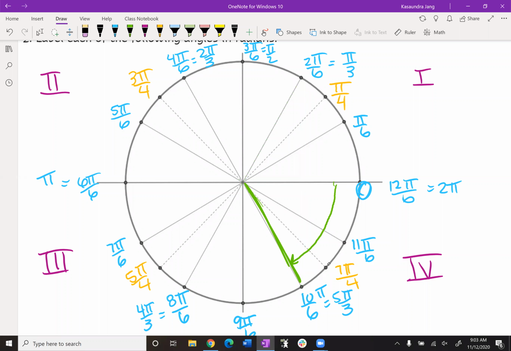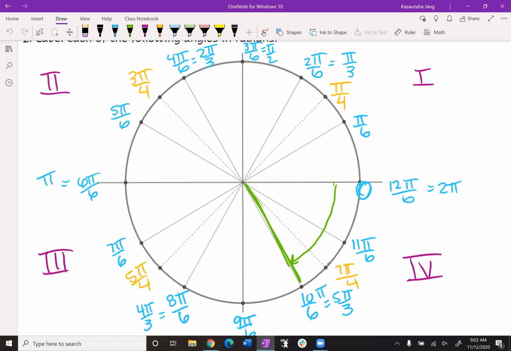You can also add 2 pi to find the positive version of it. So 2 pi is a full circle. Yes. So if you go a full circle, you're going to land in the same spot.